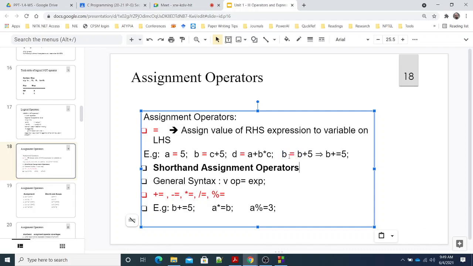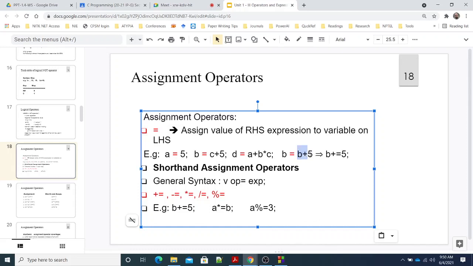Here you can see I have an LHS variable B and the RHS expression, and the LHS variable is repeating in the RHS. How will the execution happen? Suppose B initially has the value 4. When the RHS is evaluated, B will have the value 4.